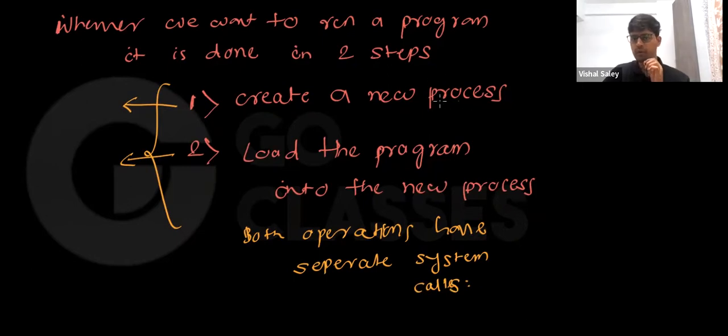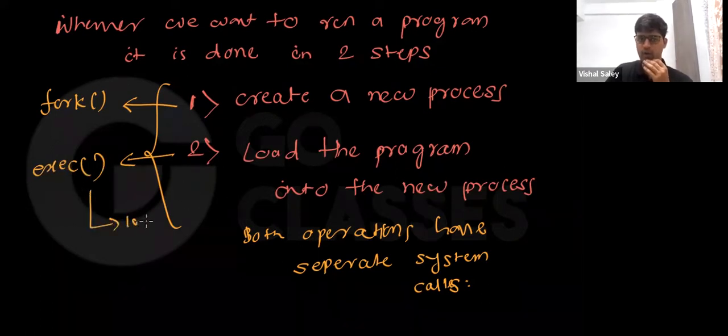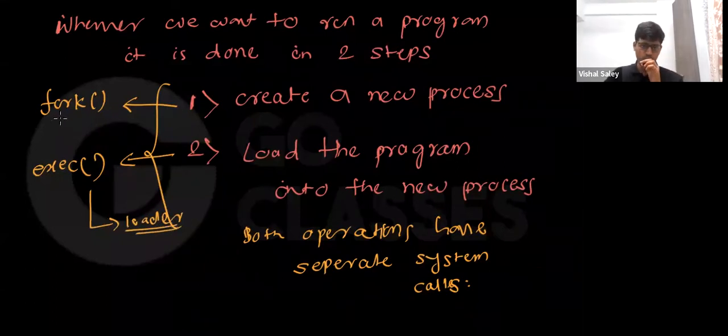So for creating a new process, the system call is fork. And for loading the program, the system call is exec. When we say load the program, it's basically calling a loader, the operating system loader program. And fork is a program which basically creates a new process.